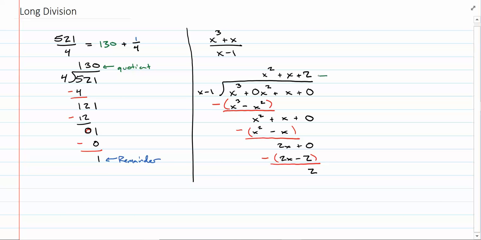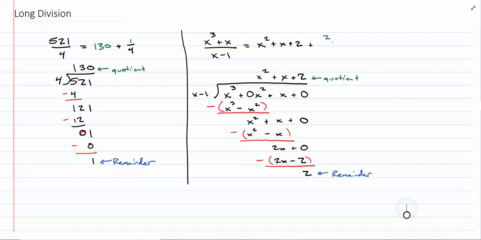So now I've got my quotient on the top and my remainder on the bottom. And I can write my original fraction as the quotient plus the remainder over the original denominator. That's the result of doing the long division there.